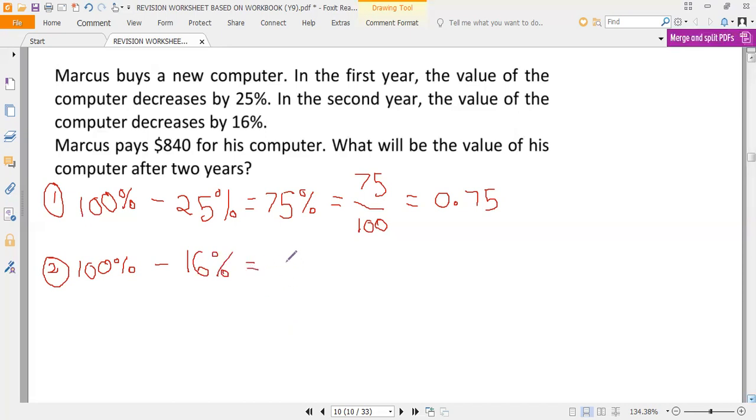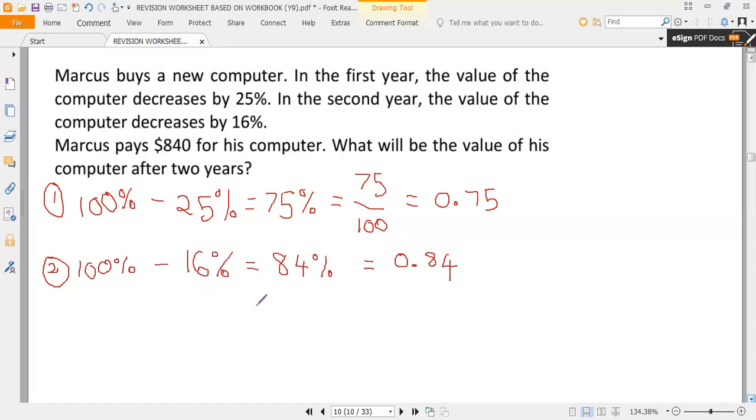So the balance is 84%. Only 84% is left. So let's convert it to decimal now. You already know the way how to convert it to decimal on top here. So it will be 0.84. All these can be done mentally. You don't even have to show it.